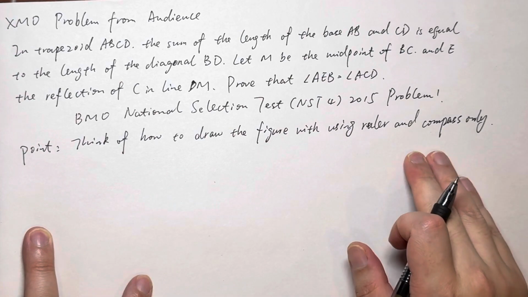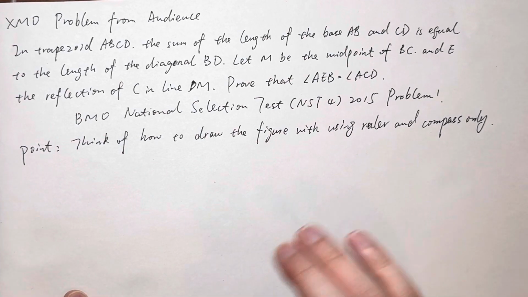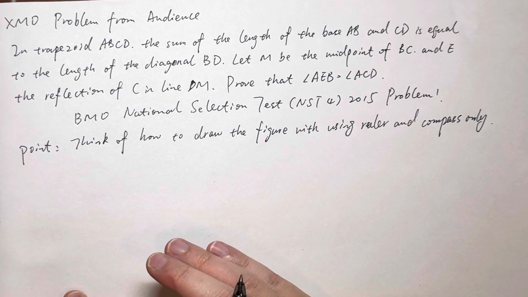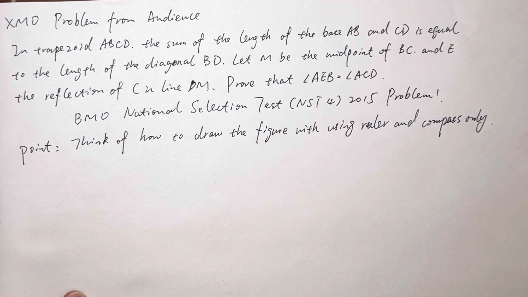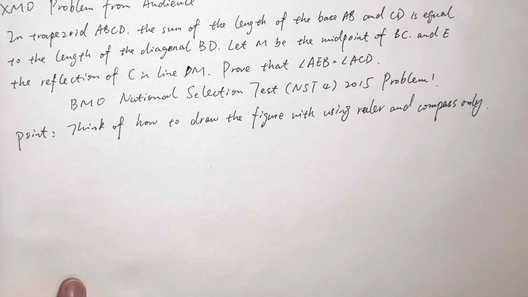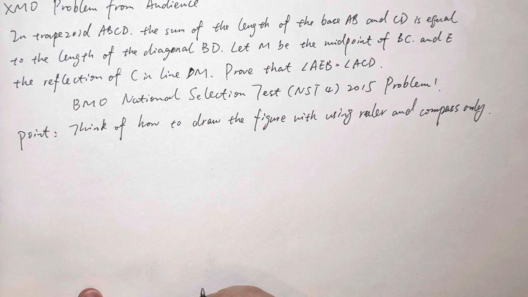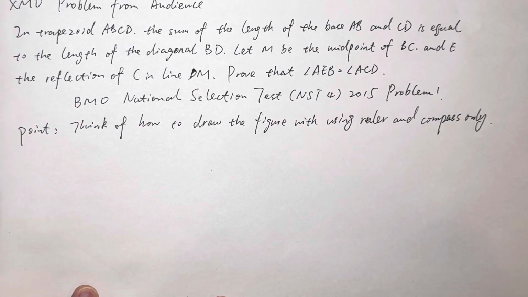Why is this important? Because when you think of just drawing the figure that satisfies the problem setup, you have to draw lots of perpendicular lines or parallel lines or circles, right? And all of these lines and circles can be your auxiliary lines. Okay, that's the point. So for this problem, let's look at it.